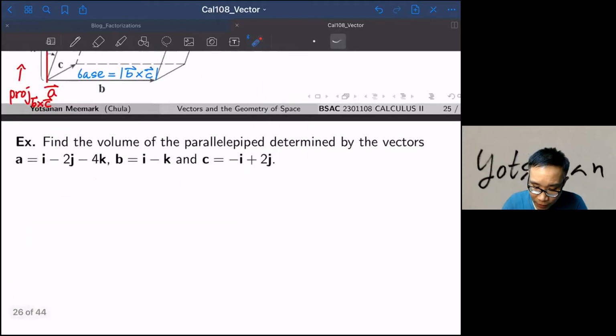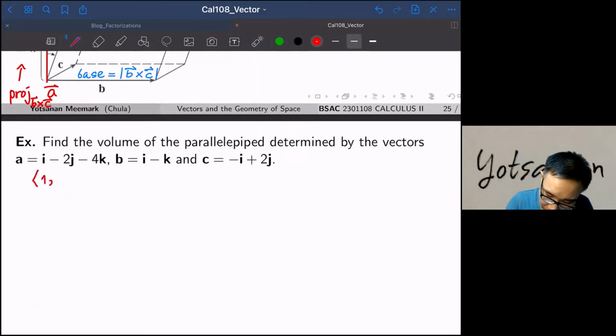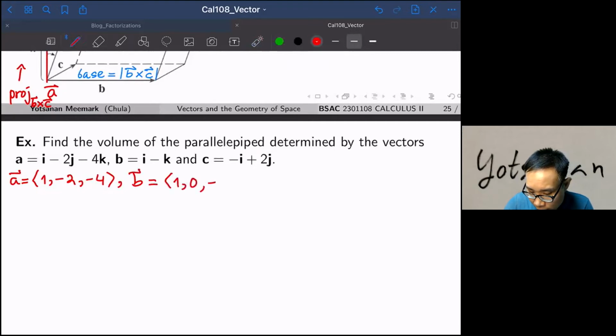For this example, we'd like to find the volume of the parallelepiped determined by the vector A given by 1, negative 2, negative 4; B given by 1, 0, negative 1; and C given by negative 1, 2, 0.